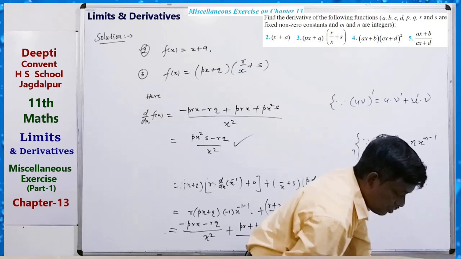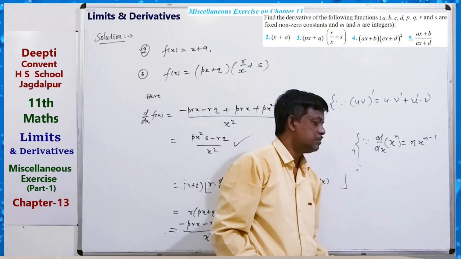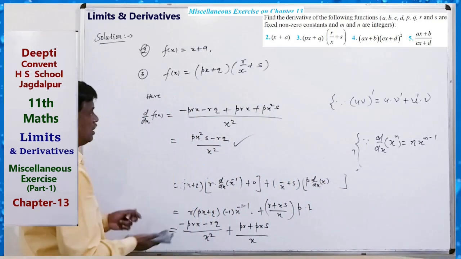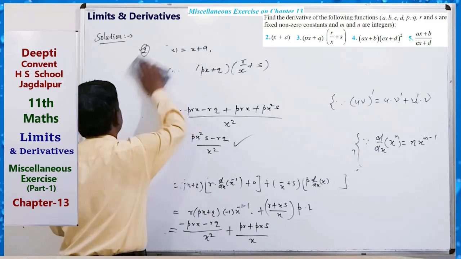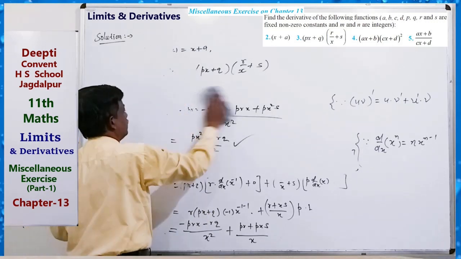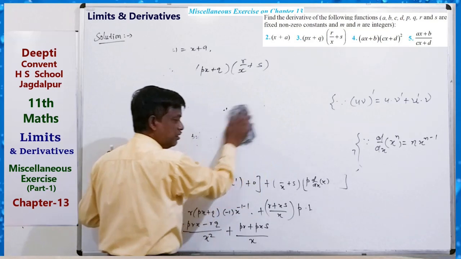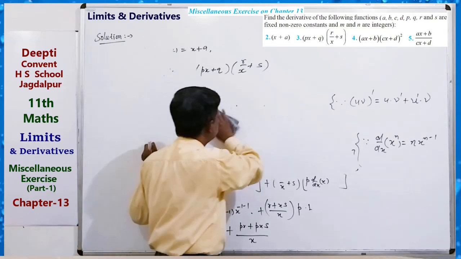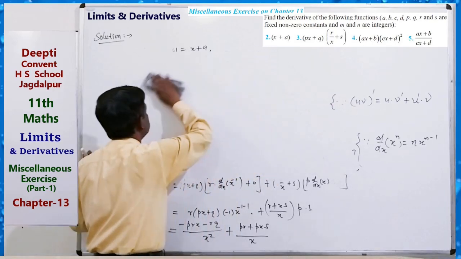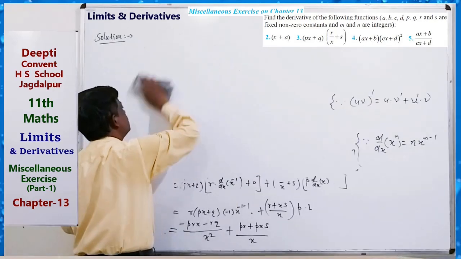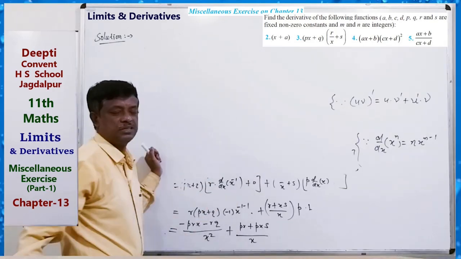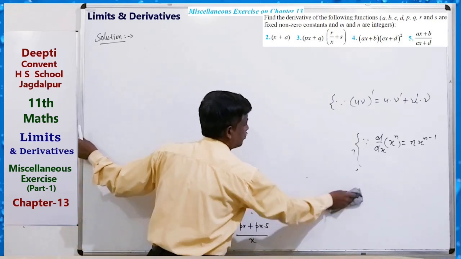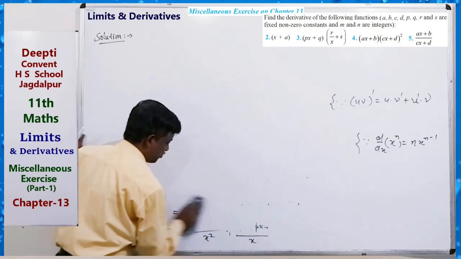Here question 4 is also for by product rule we can find. Here when we get (cx + d) whole square, how can we differentiate it? Because here whole square is given, so we can use the (a + b) whole square formula.